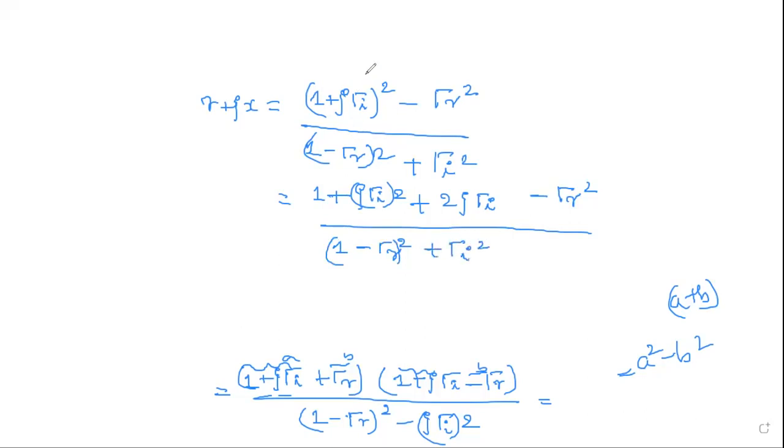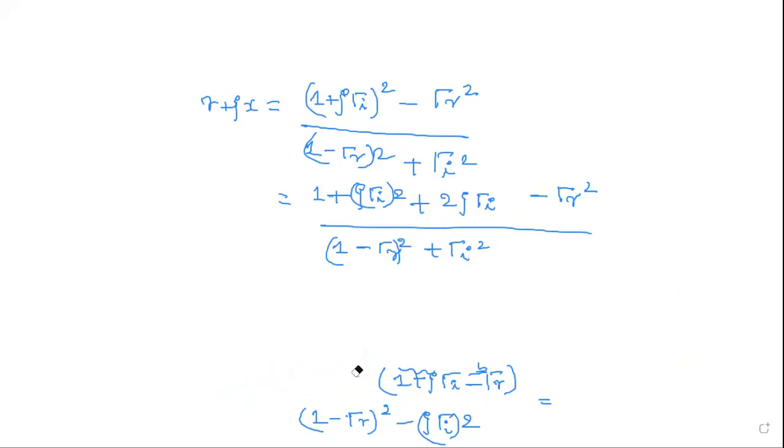Now in the numerator, if I split the terms with respect to imaginary, j square will become minus 1. So you will be left with one imaginary term, which I will split with respect to the numerator as well as the denominator.